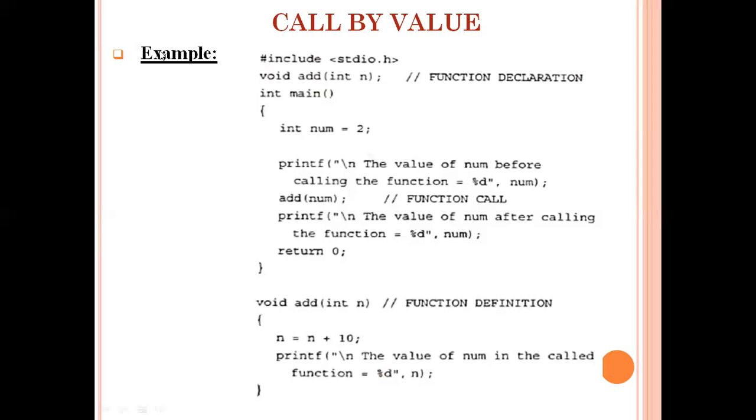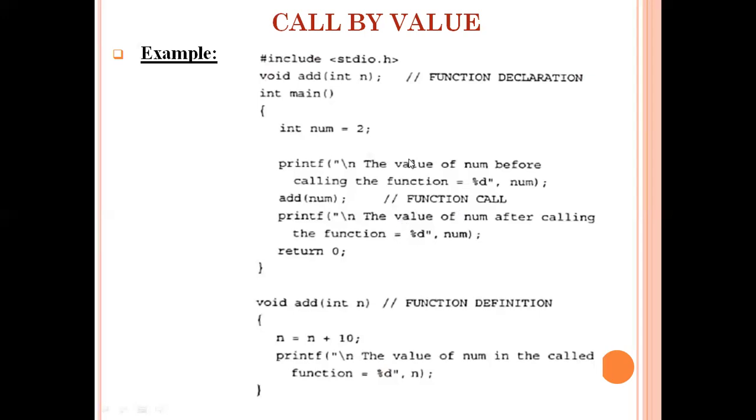Next, come to the definition of the main function. In order to understand the concept of call by value, this main function is defined in such a way that first we display the value of the number before calling the function, and next we display the value of the number after calling the function.